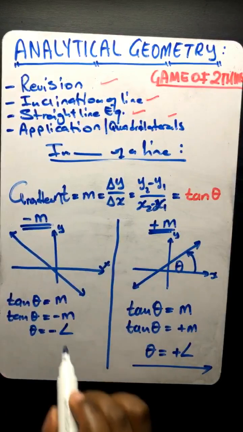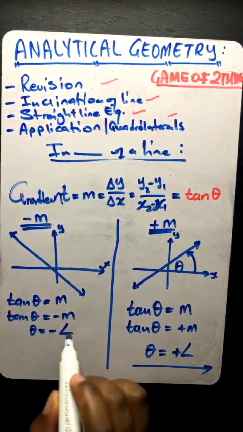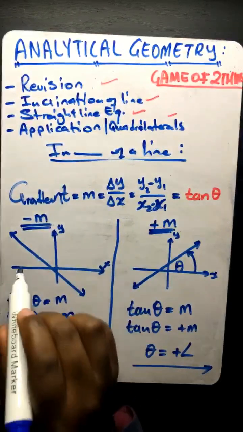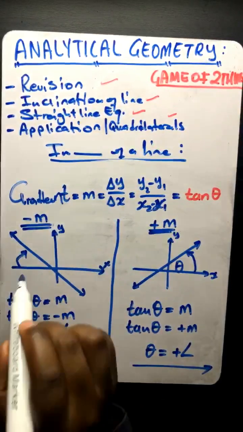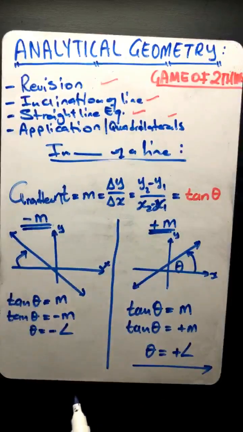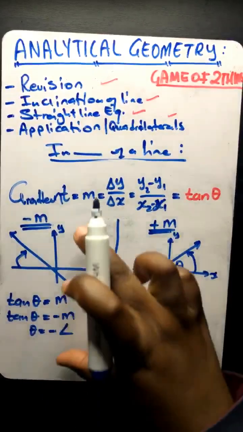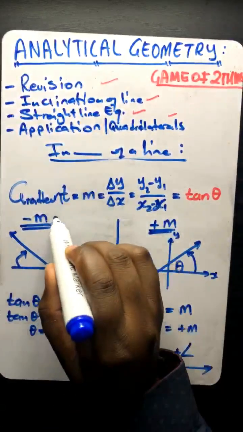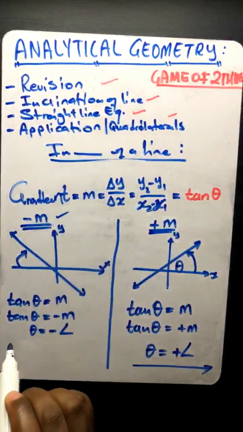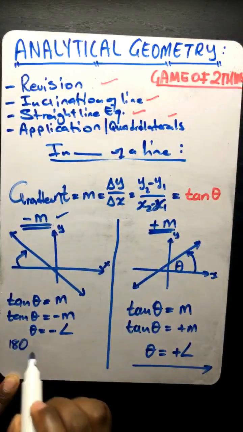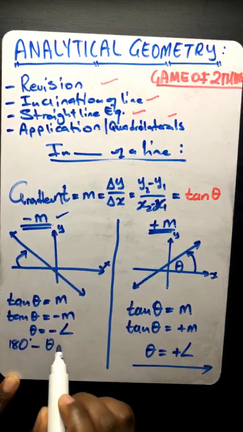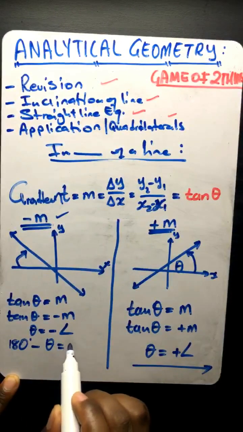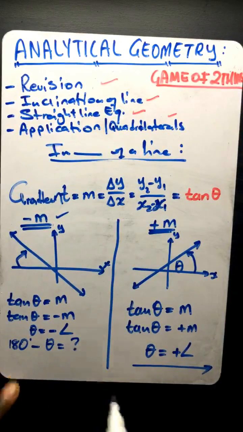Because you realize it gives you a negative angle, that means the angle that you got is actually this one, which is going to be less than 90 degrees. So always when you realize you're dealing with a negative gradient, you should have your formula ready to say 180 degrees minus whatever angle that you're going to get. It is going to give you that angle of inclination.